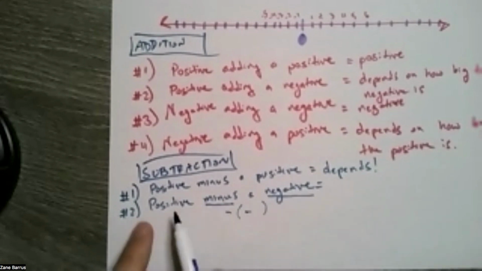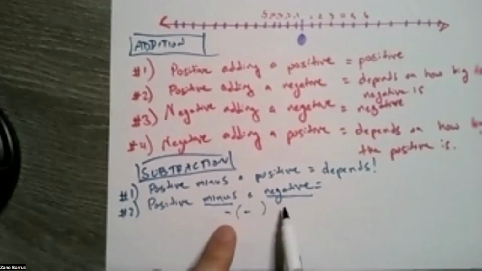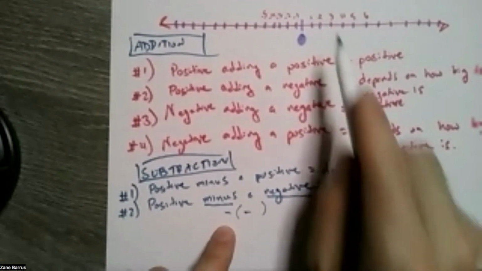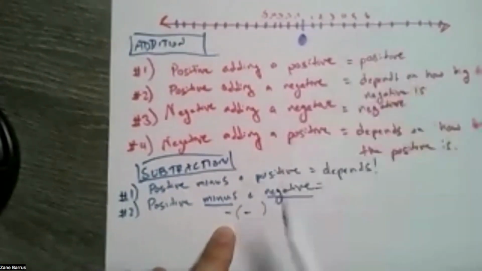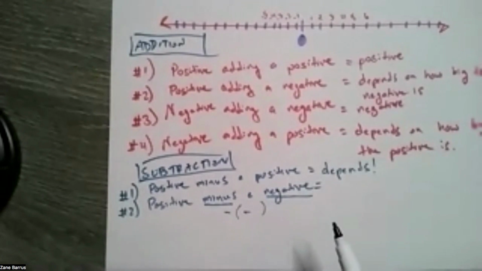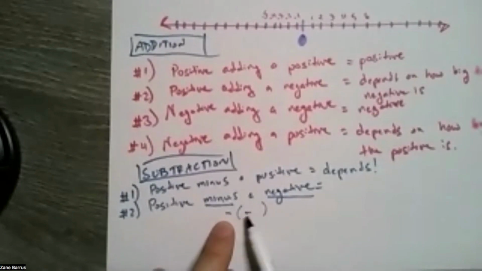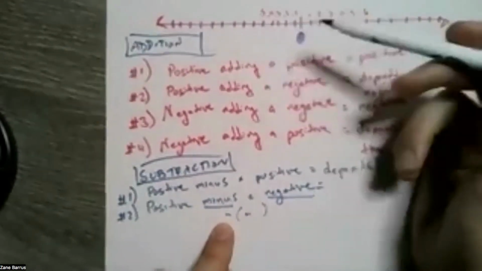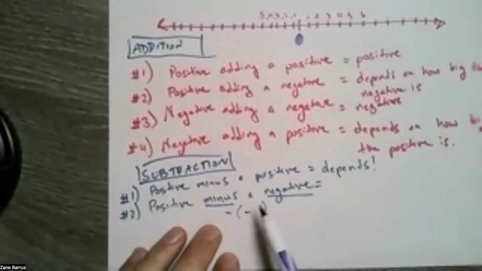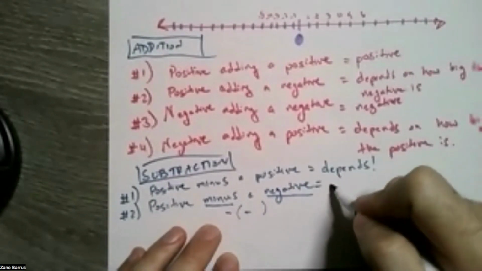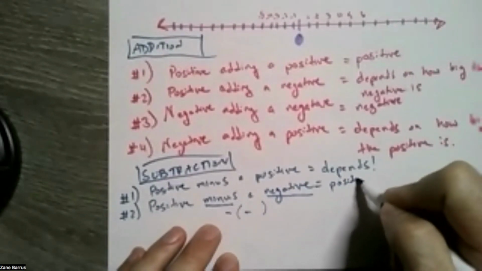So if I have a positive number and I'm minusing something that's already negative, am I going to be moving to the left or to the right? To the right. Yeah, good, to the right, because minusing a negative undoes that leftward motion on the number line. So a positive number minus a negative is always going to stay positive.